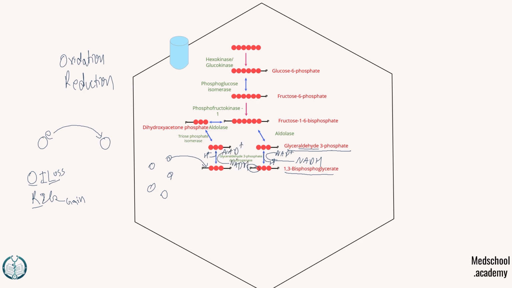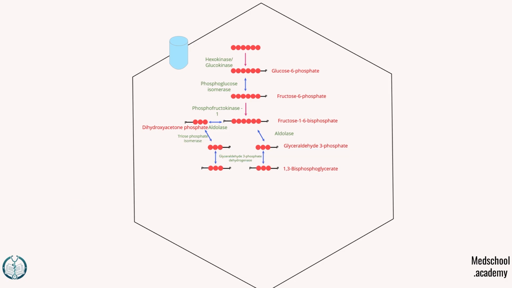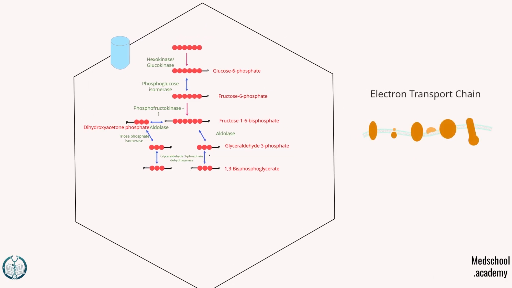Now here's something important. The molecule NAD+ is crucial. It's crucial for glycolysis. Without NAD+, glycolysis cannot continue. And the cell has a limited amount of NAD present. Now let's connect this NADH that will be made here.